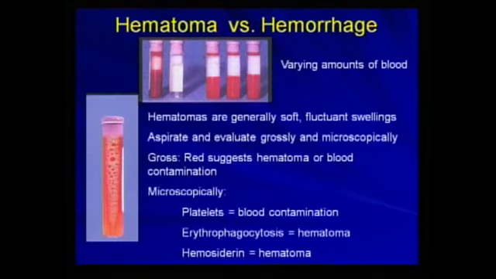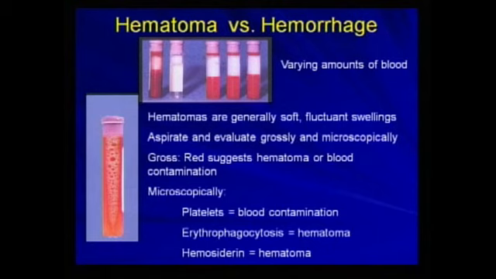A lot of times you'll get bloody sticks, and oftentimes you'll get a history of a lump on a dog, and you'll be sent either a tube of this reddish fluid, or you may look at aspirates that have been made of this material.